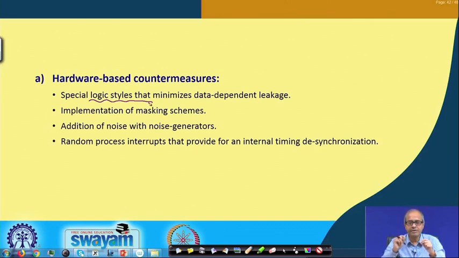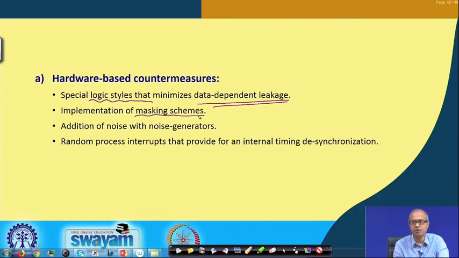So, you should use some kind of a design style where power consumption will not differ much depending on what kind of operation is going on. There are some logic design styles where data dependent leakages are less.